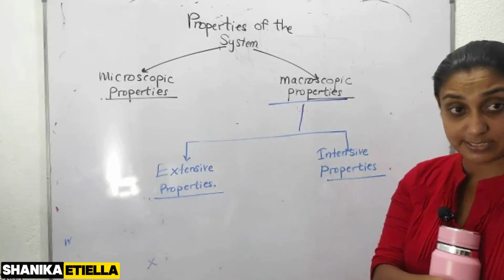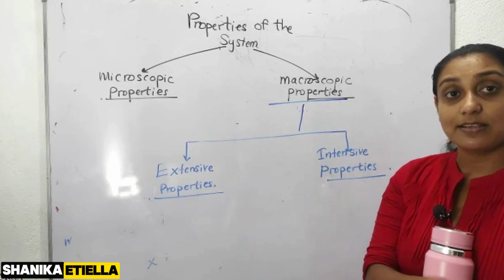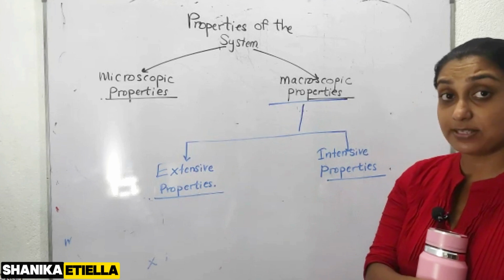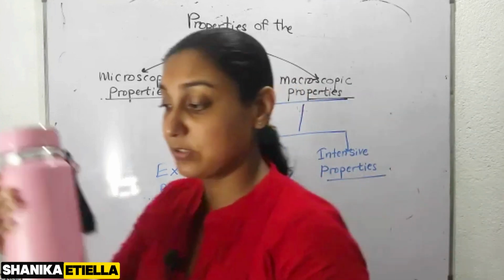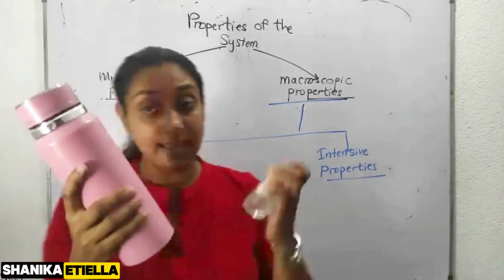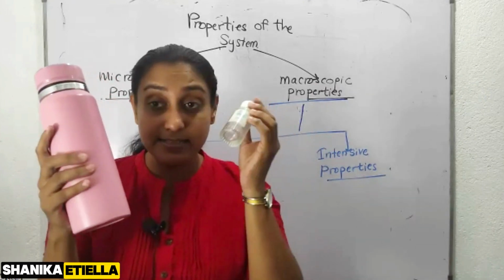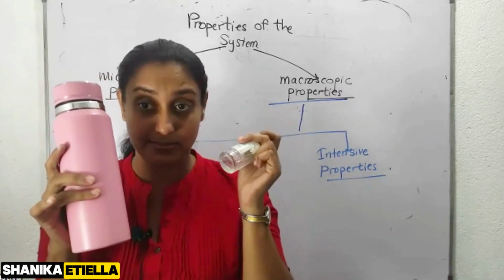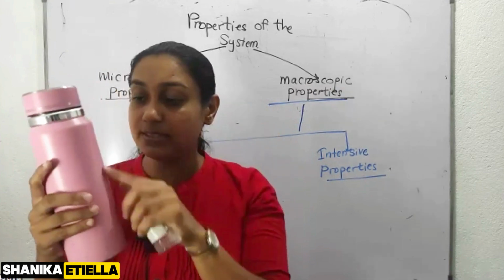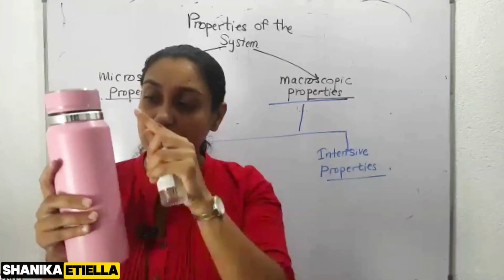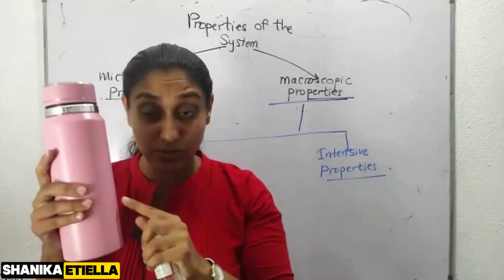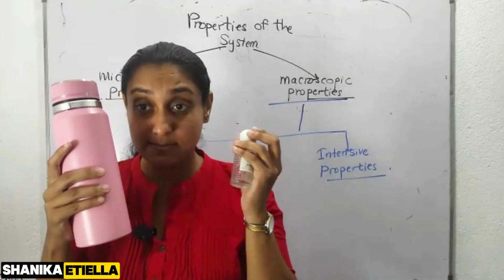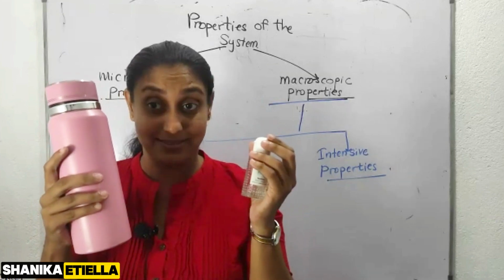It's the opposite of extensive property, which means it's the properties which are independent of the size of the system. If I put some water here as well as here, the density of water remains constant for this system as well as this system. The temperature, if I measure it using a thermometer in this system, is equal to this system if the systems are at room temperature.